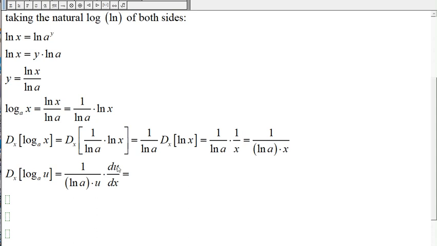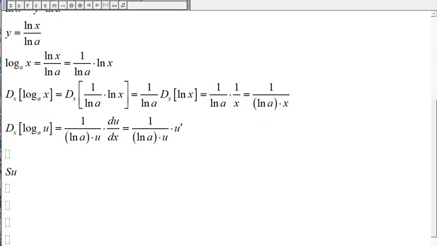Sometimes this is written like this also. And that's the derivative of log base a of x.